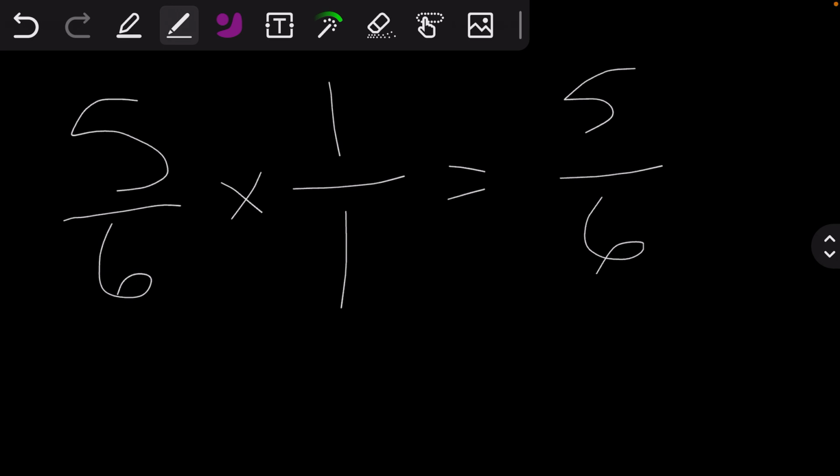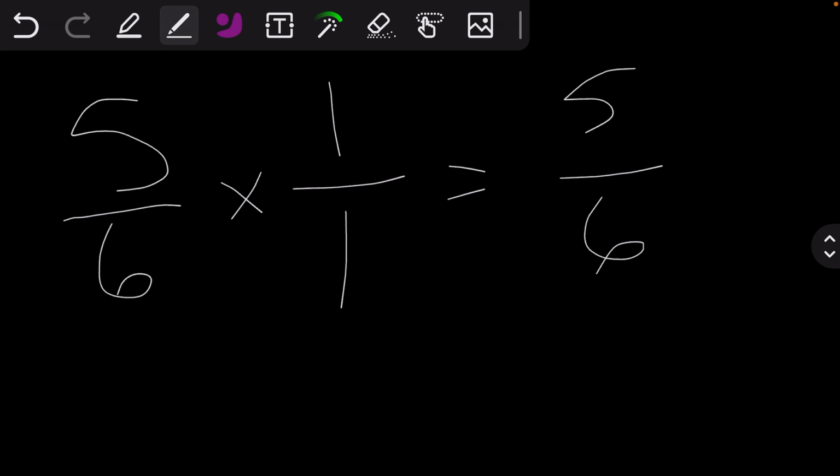If you ask me, this would not qualify as an equivalent fraction. These are just the same fraction. It's not equivalent because they use the same numbers. 5 over 6, of course, is equal to 5 over 6.